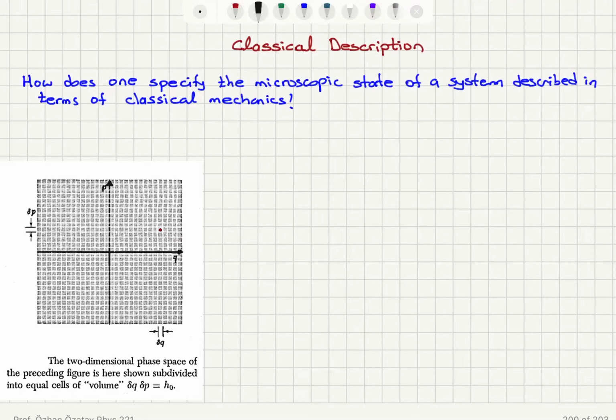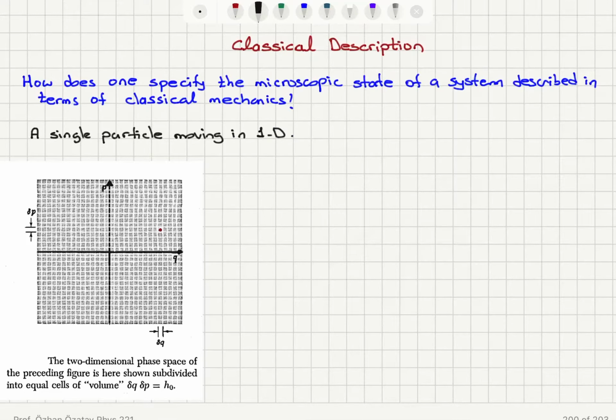So in order to demonstrate this, let's say that I have a single particle that is moving in one dimension. And this is a classical particle.